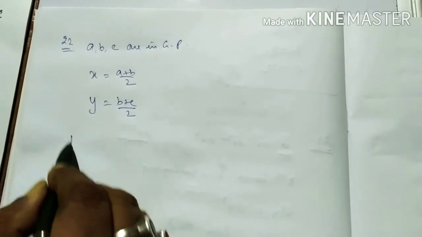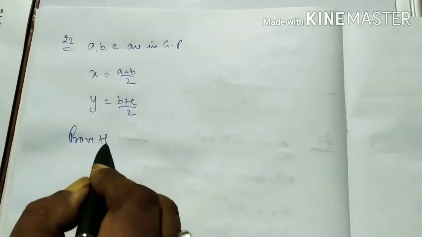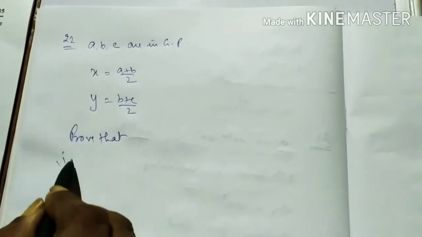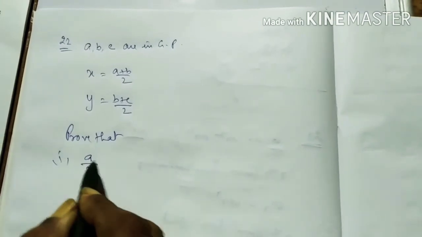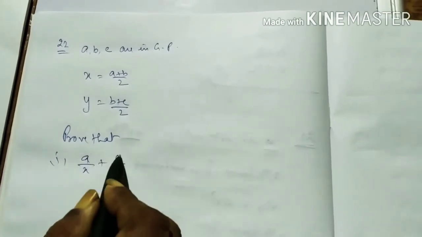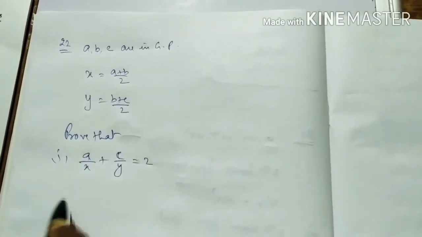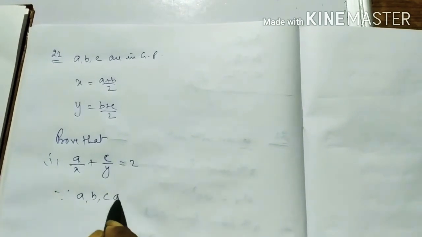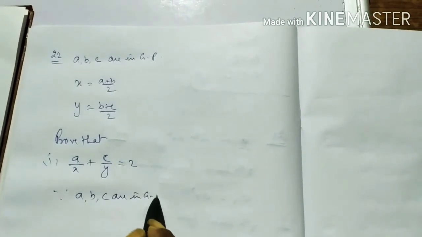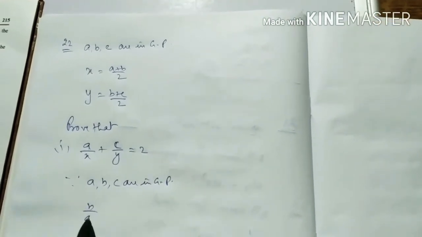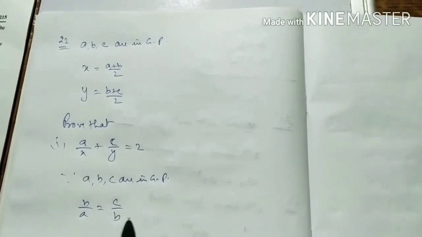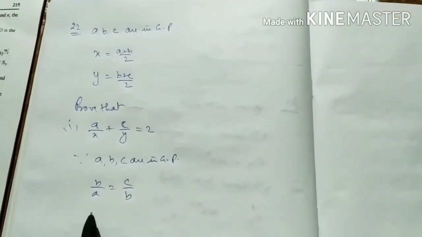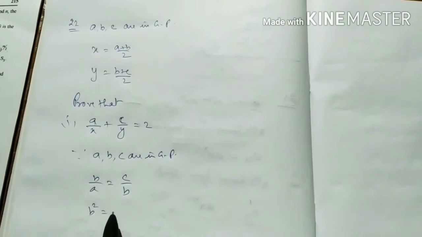We have to prove that first, A by X plus C by Y is equal to 2. So let us take, now they are in GP. Since A, B, C are in GP, so I can write B by A is equal to C by B. So B square is equal to AC.